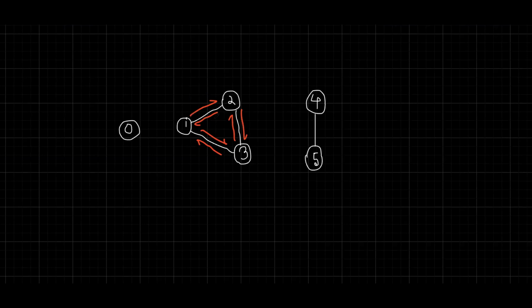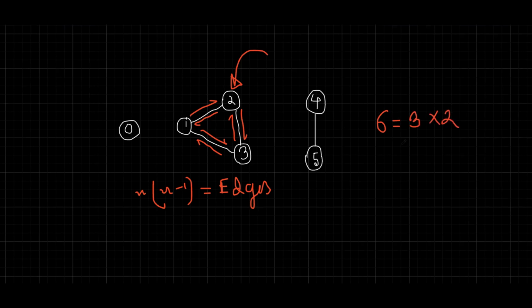If a graph is complete, that means every possible node is connected to each other. So we can say that the number of nodes, n into n minus 1, is equal to the number of edges. Let's see this middle graph. The number of edges is 6, which is equal to the number of nodes, 3, into 3 minus 1, which is 2.